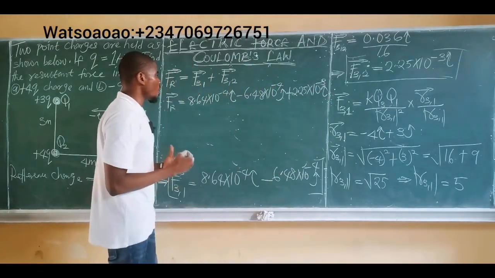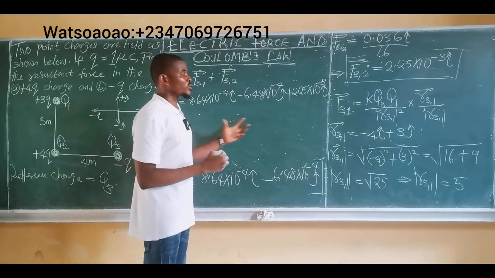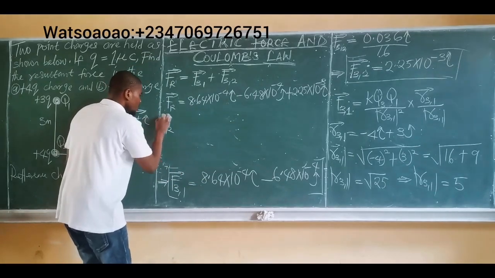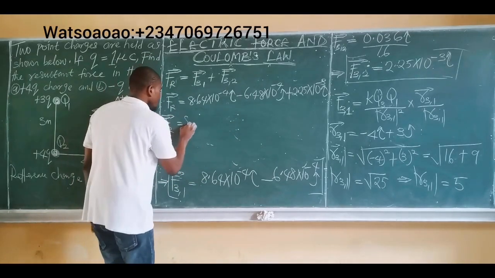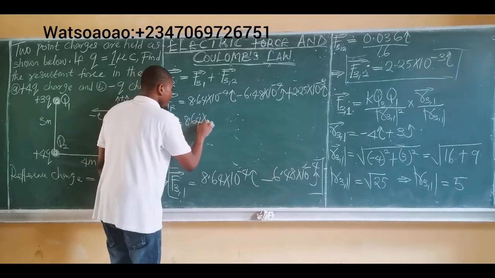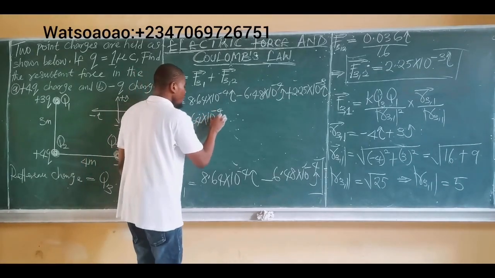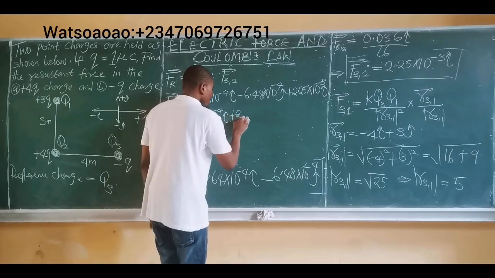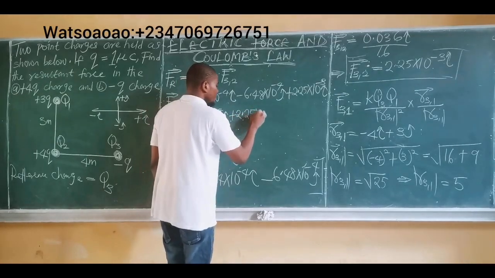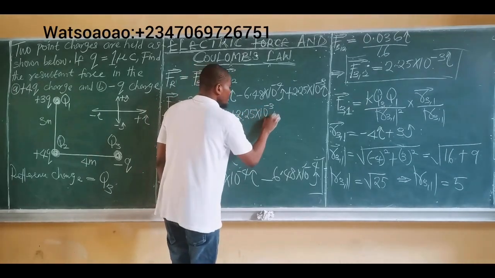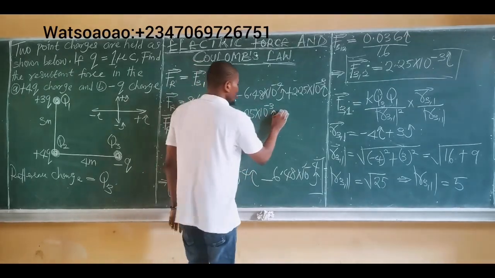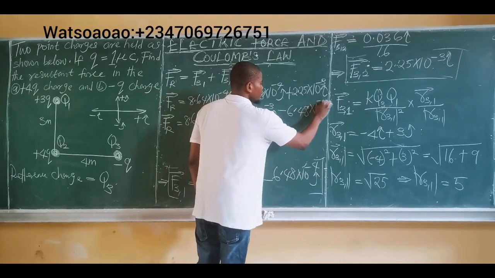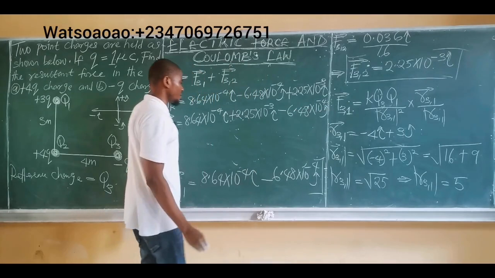As you all know, in vectors, the I directions will add. So we simply have that the resultant force becomes 8.64 by 10 to the power of negative 4 in the I direction, plus 2.25 by 10 to the power of negative 3 in the I direction, and minus 6.48 by 10 to the power of negative 4 in the j direction.